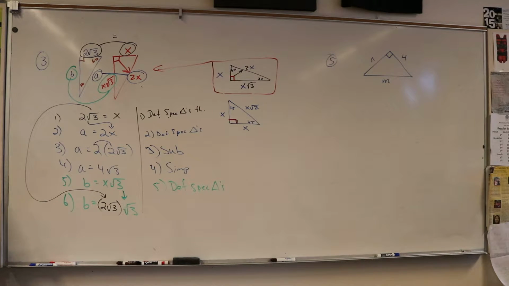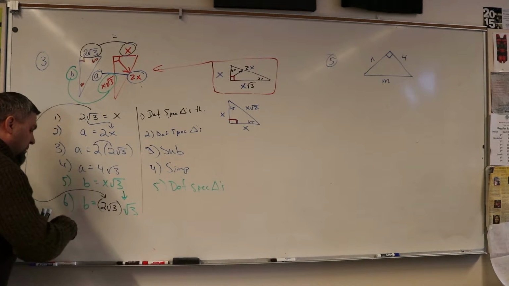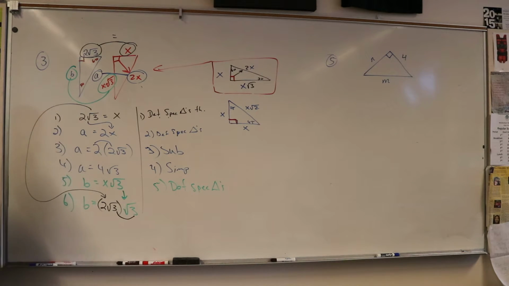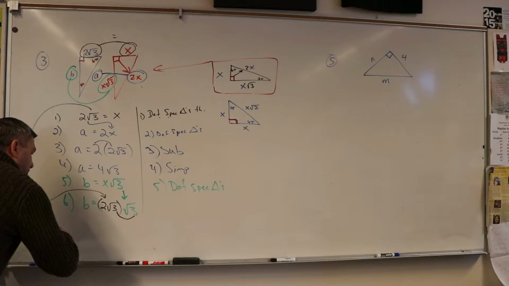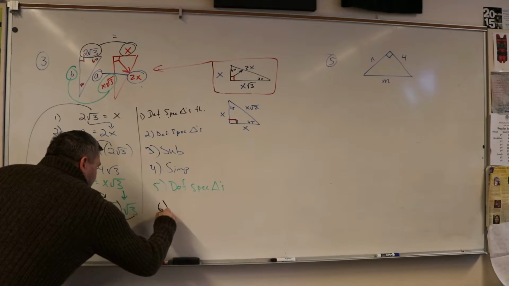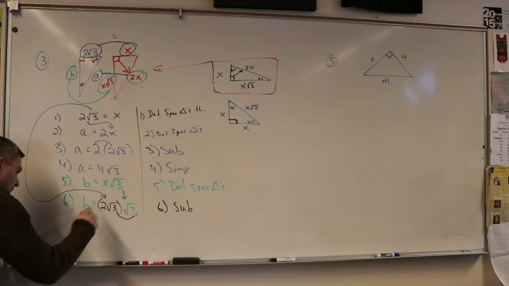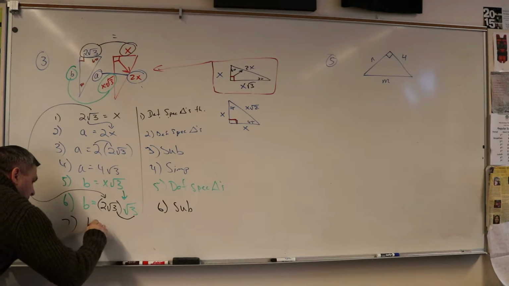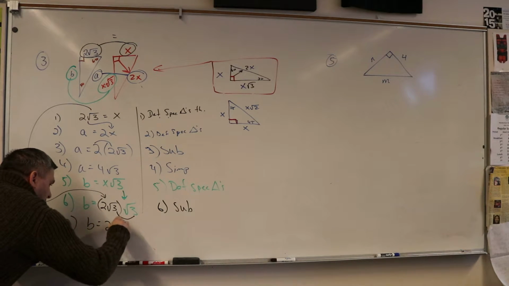And remember what I said. Inside is multiplied against inside, outside against outside. Right? So, what's 3 times 3? 9. So what happens here, and you guys said that was substitution, right? Okay, so then you have B is equal to 2 square roots of 9.